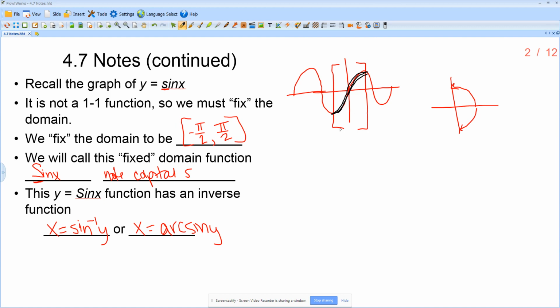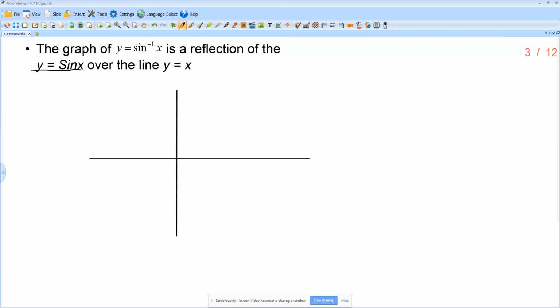Inverse functions are reflections over the line y equals x. So here's my line y equals x. So the inverse function of this is going to be the reflection of this restricted sine over that diagonal line. So if I'm talking about that reflection graphically, it's going to look like this.